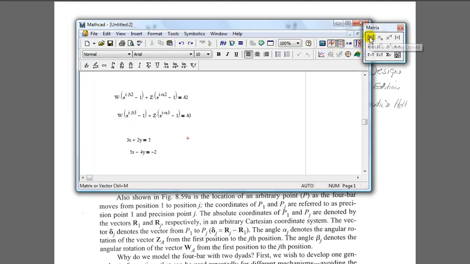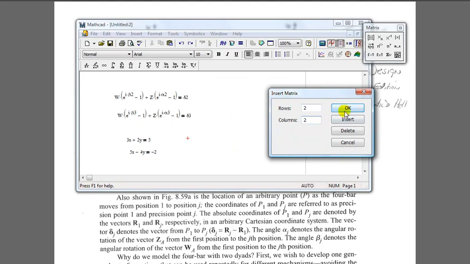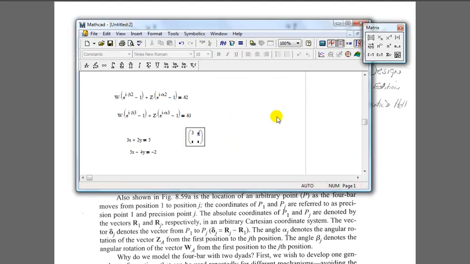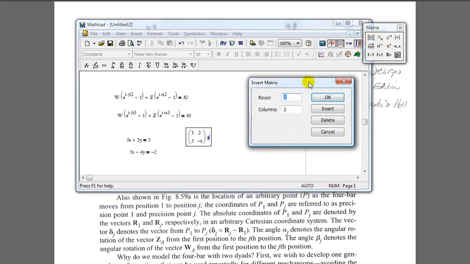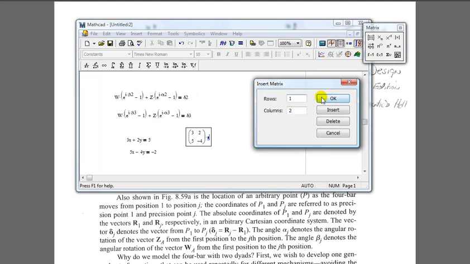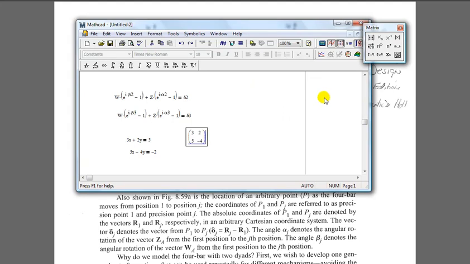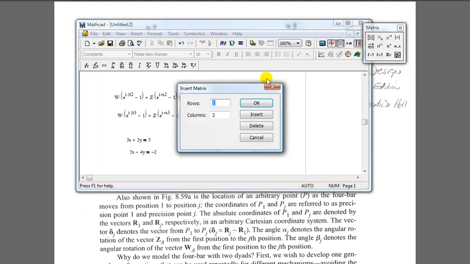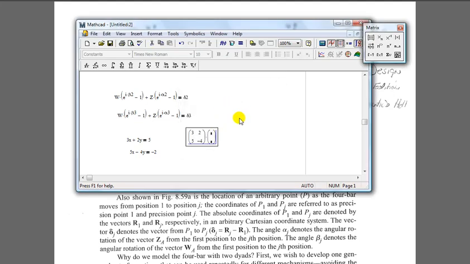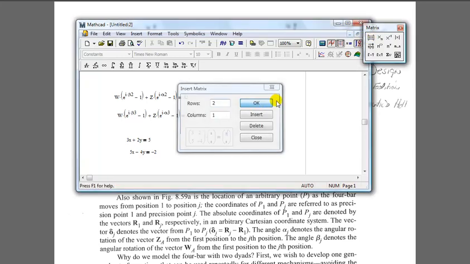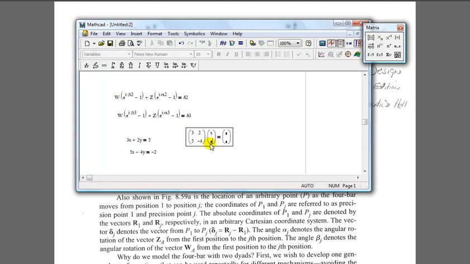Let me find my matrix tool, and I'm going to create a 2 by 2 and say OK, and that's going to have a 3 and a 2 and a 5 and a minus 4, multiplying a matrix with 2 rows, 1 column, equals a matrix exactly like that. And I'm going to put x and y right there, and I'm going to put the 5 and the minus 2 right there.